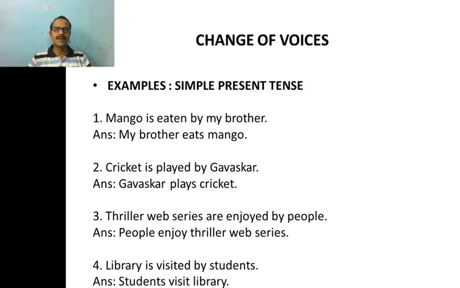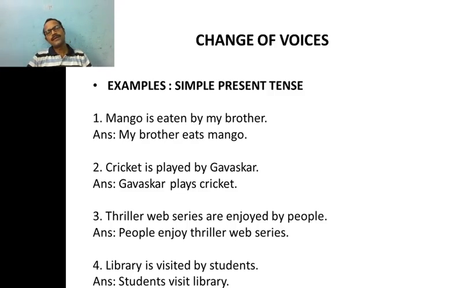It should become eats because we are supposed to have the verb in present form, and as our subject is a third person singular subject, we add s to it. That's why it has become eats, not merely eat. Right? So is is removed, eaten has been brought to the form of eats because of the subject and the tense.